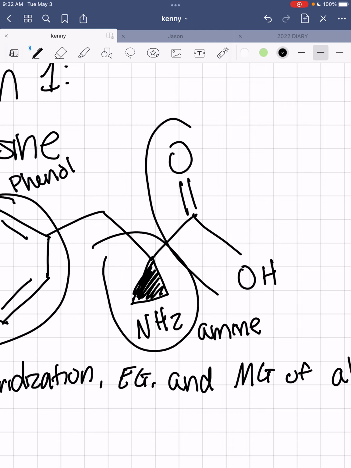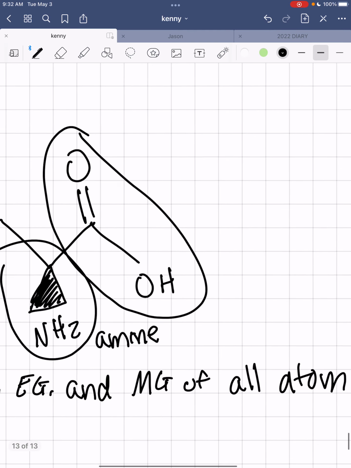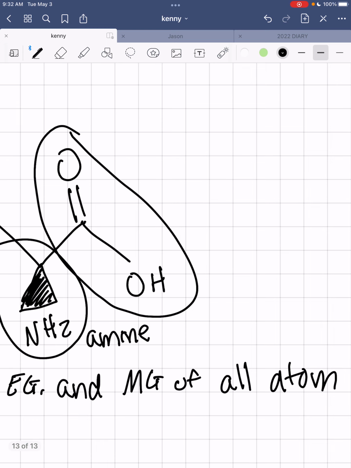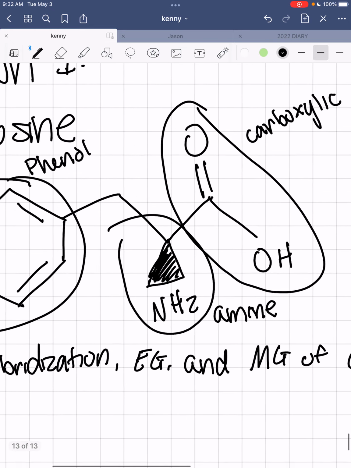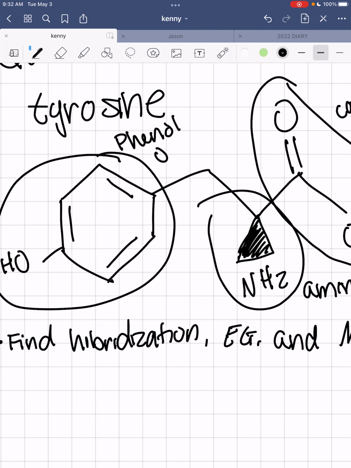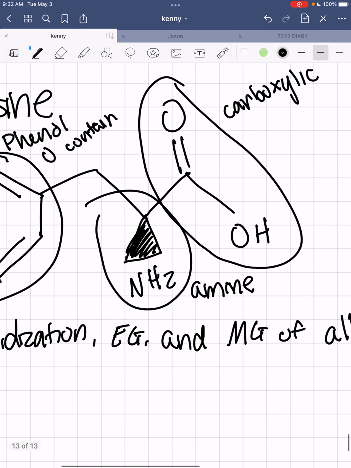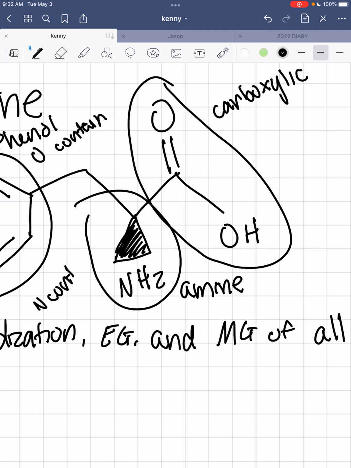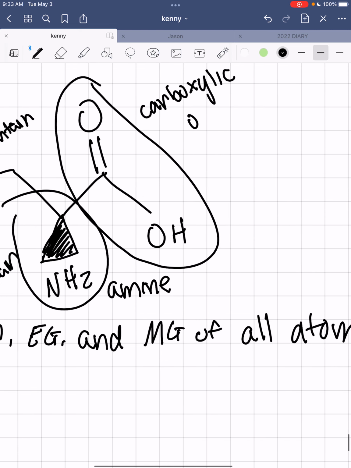And this would be a carboxylic acid. Oops, misspelled that. Carboxylic acid. And so this would be the oxygen-containing functional group, this would be the nitrogen-containing, and this would be the other.